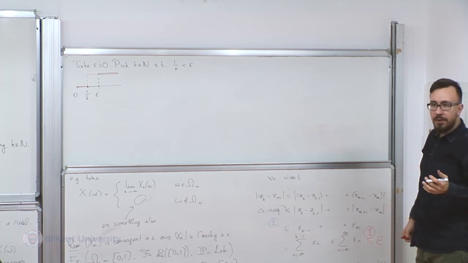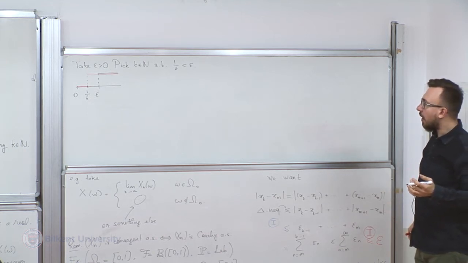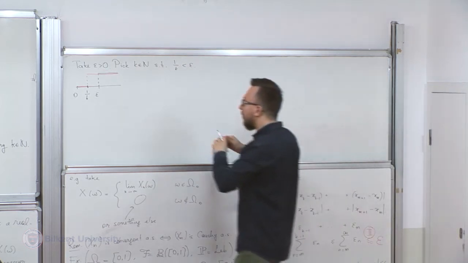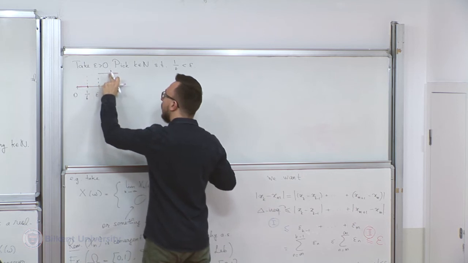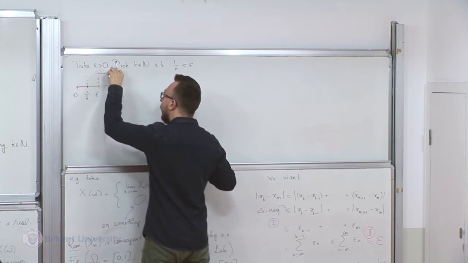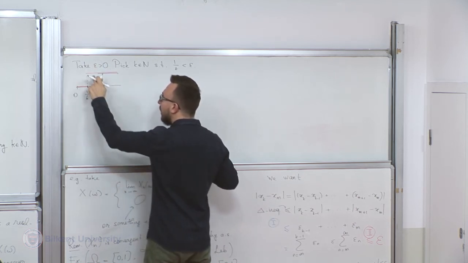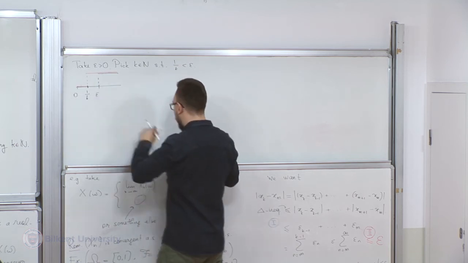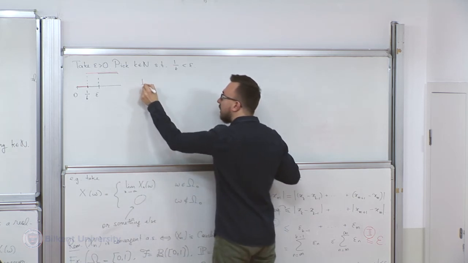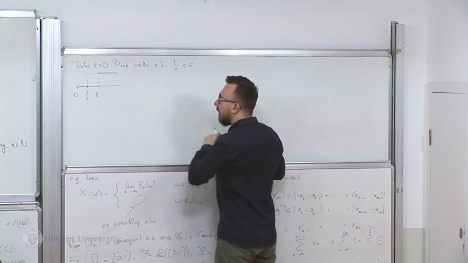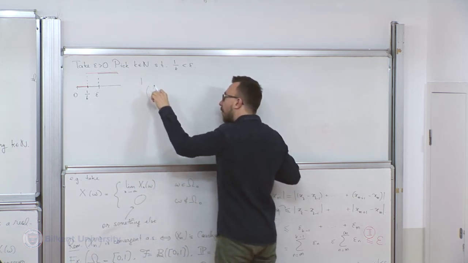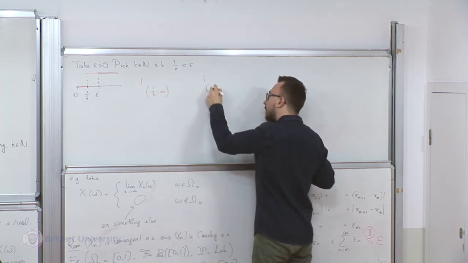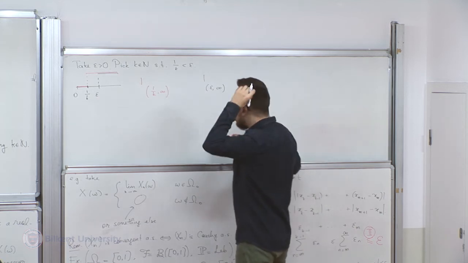Which one is above? Which one is greater? Okay. The red one is greater, right? I was indeed drawing it right. Here, the red one is above the black one. Here, they are equal. Here, they are equal. So the indicator, let me write it in red: indicator 1 over k to infinity versus indicator epsilon to infinity.